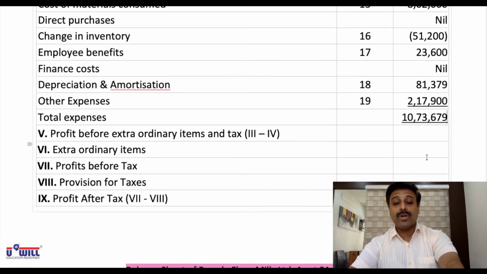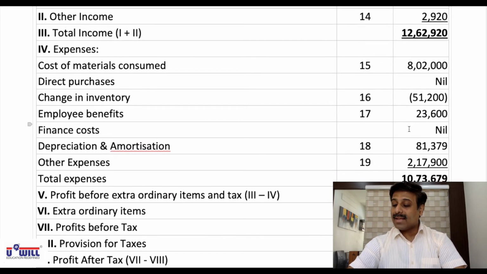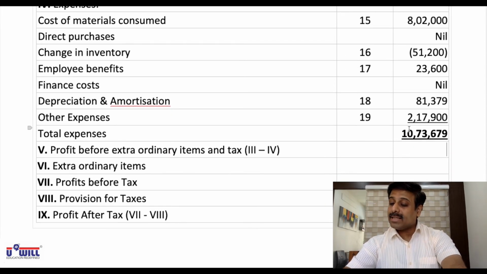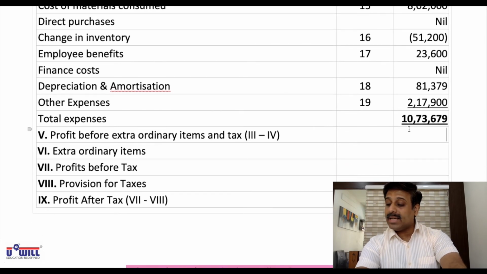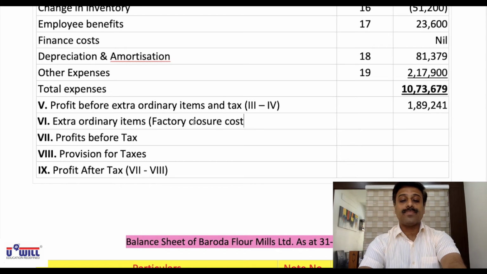10,73,679. Now profit before tax will be 3 minus 4, so 12,62,920 minus 10,73,679, so 1,89,241. Now that extraordinary item we subtract, in bracket you write factory closure cost.